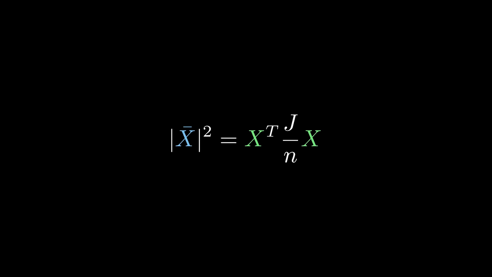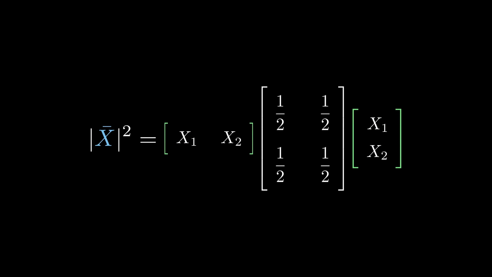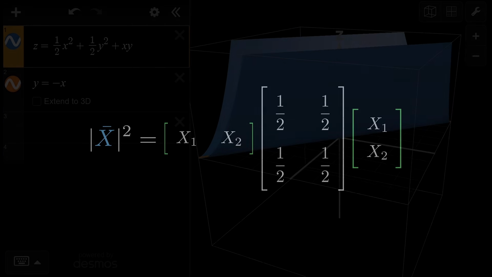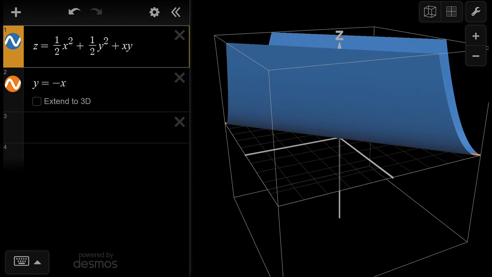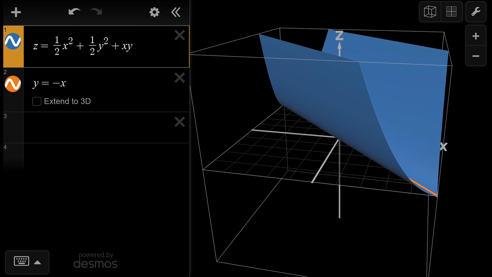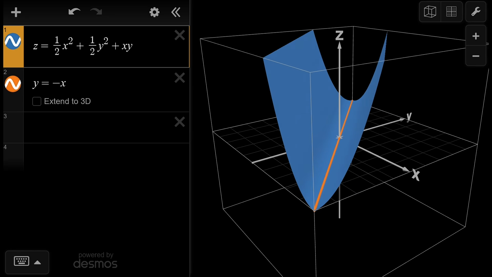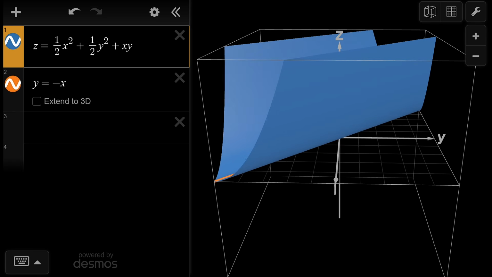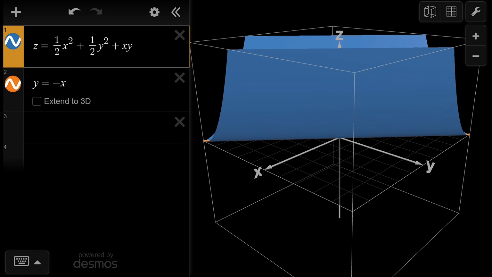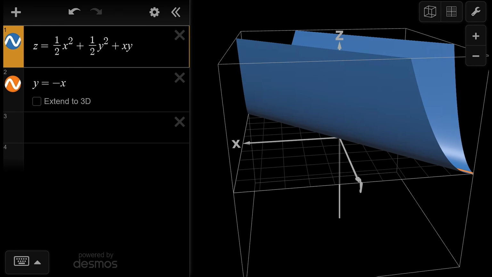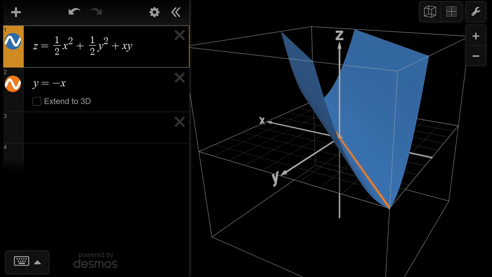To make it a little more concrete, let's consider the 2D case, where J over n would give us this quadratic form. If we take a look at the graph of this, we again get a parabolic cylinder, but now the fold lines up with the y equals minus x line, meaning we get 0 when our second data point, x2, is the negative of our first data point, x1. So what's going on there?